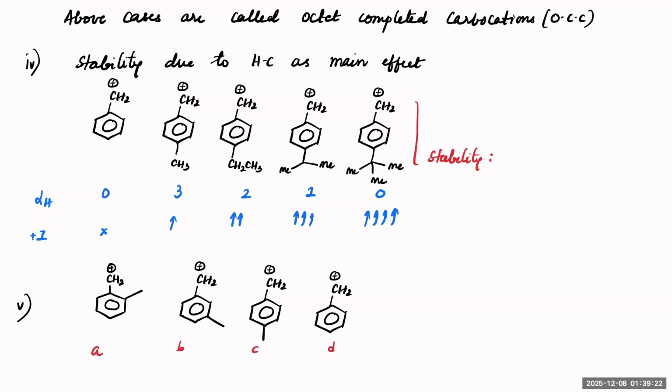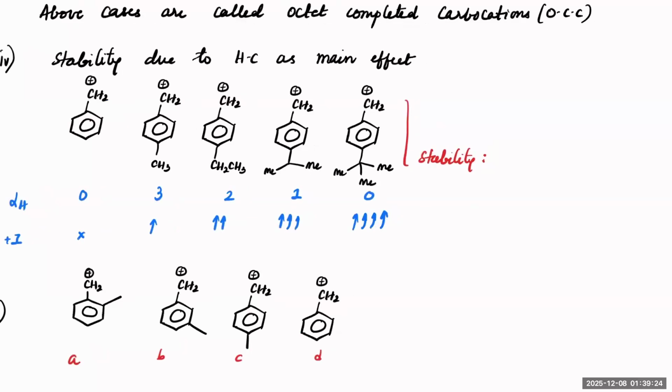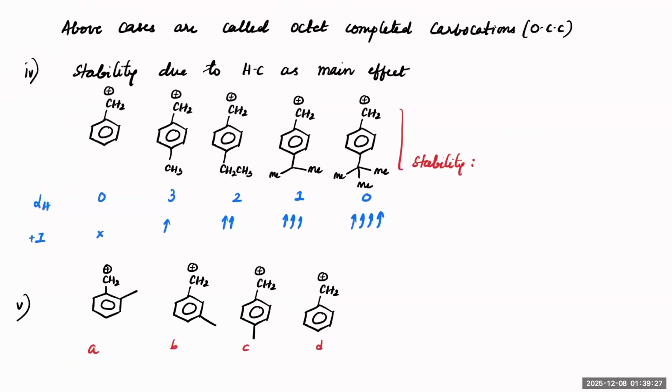But hyperconjugation is a very dominant factor, so the first priority is always hyperconjugation. So if we compare the stability of A, B, C, D, E, you notice that B is more stable than C, then D, then E, and last comes A.